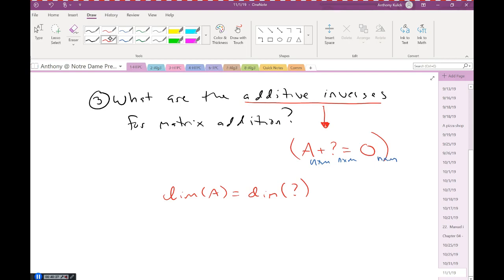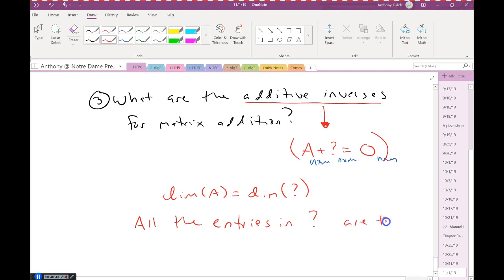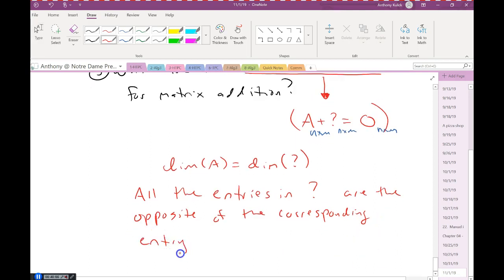So they'd have to be the opposite or the negation of the corresponding entry in matrix A. Yes, all the entries in question mark are the opposite of the corresponding entry in matrix A.